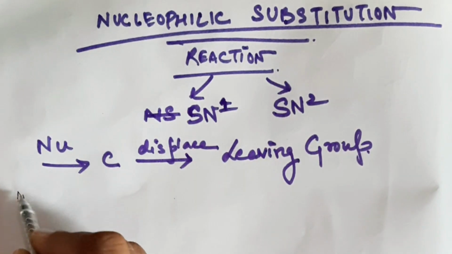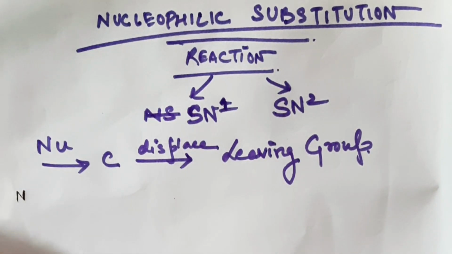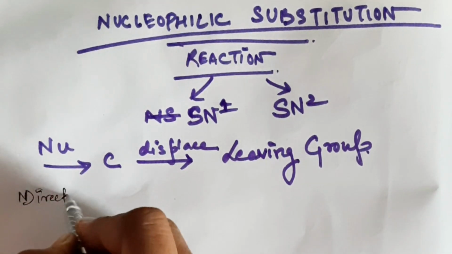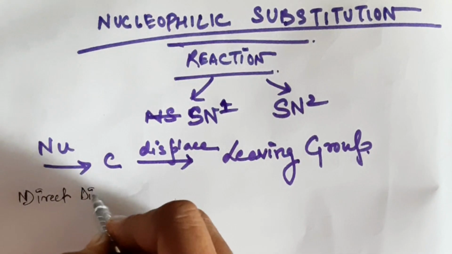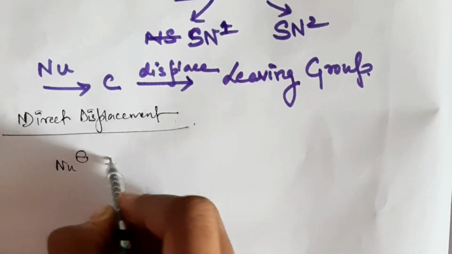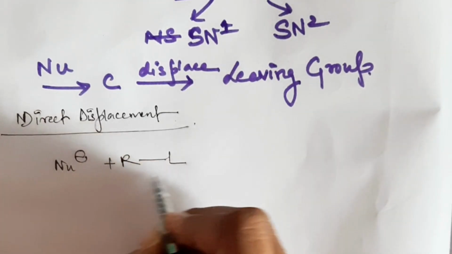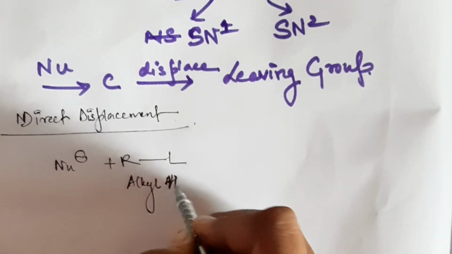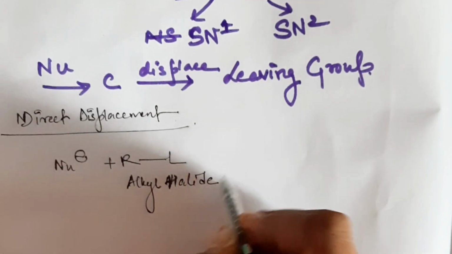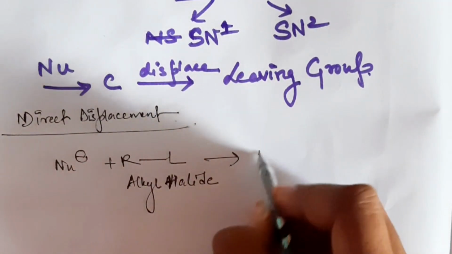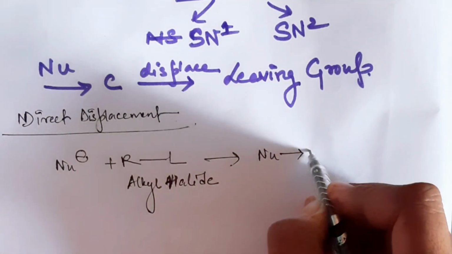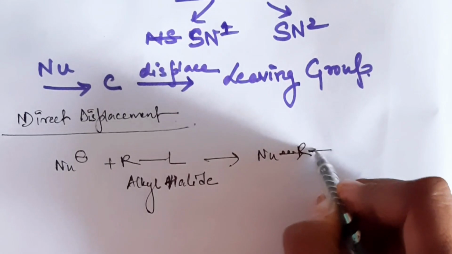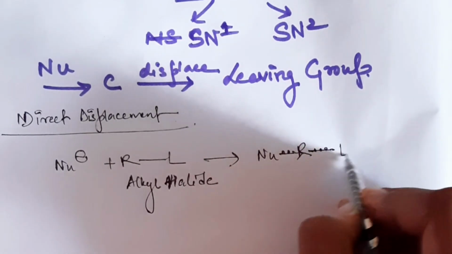Nucleophilic substitution reactions may proceed either by the direct displacement method, or by the indirect displacement method. If you have an alkyl halide, where R is the alkyl group and L is the leaving group, the nucleophile will attack the alkyl halide, and the bond will try to break between the carbon and the leaving group.